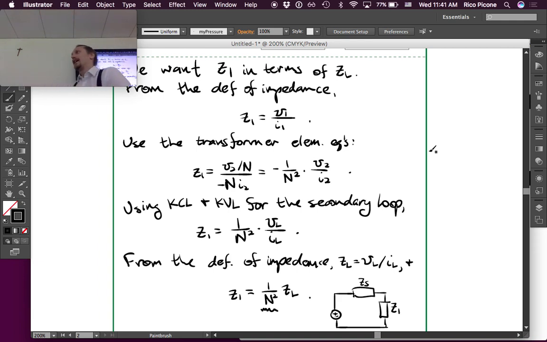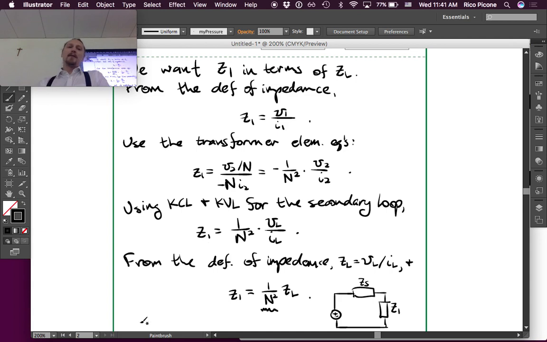But when you get confused, and if you're like me, you're often confused, going back to the fundamentals of writing down the elemental equations and the KCL, KVL, and solving the algebraic system in the case of impedances, we can always go back to that. And that should be the gold standard.